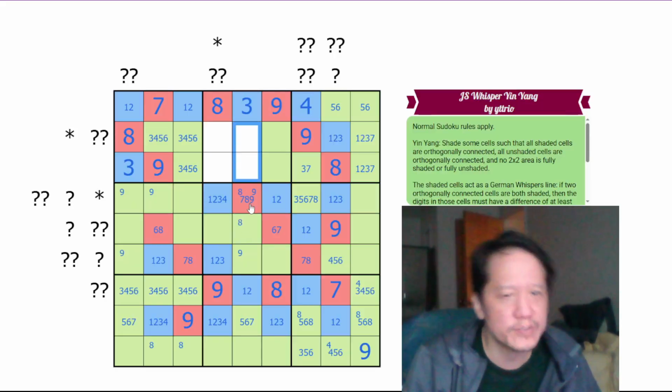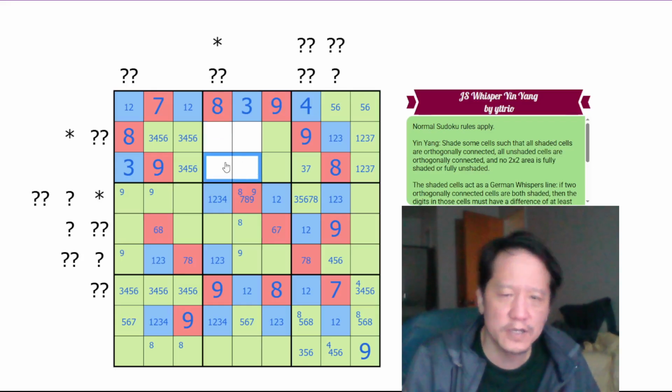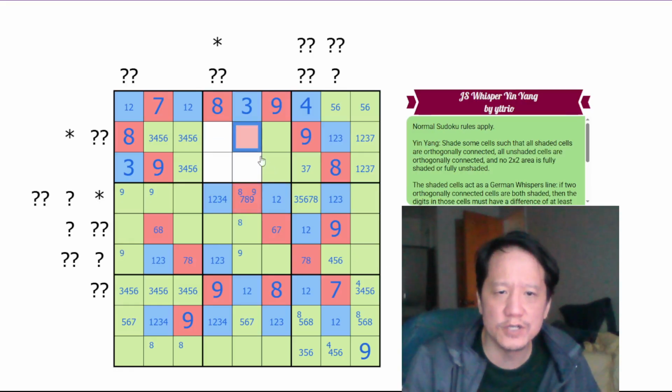One of these two must be shaded. If this is shaded, this is unshaded, and that's unshaded and it connects. Ah, and then we have a fail. So say this was the shaded. Then this would have to be unshaded to orthogonally connect.